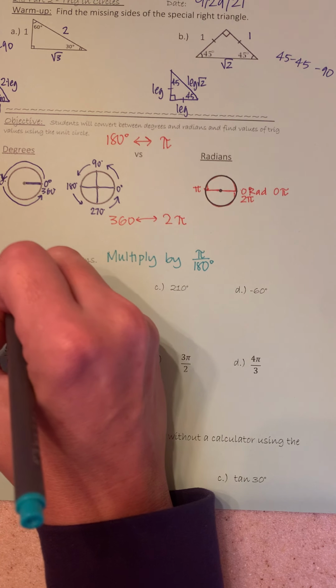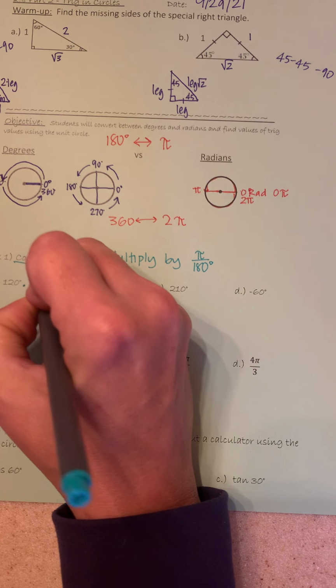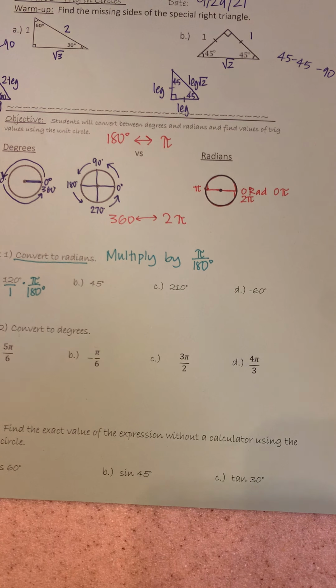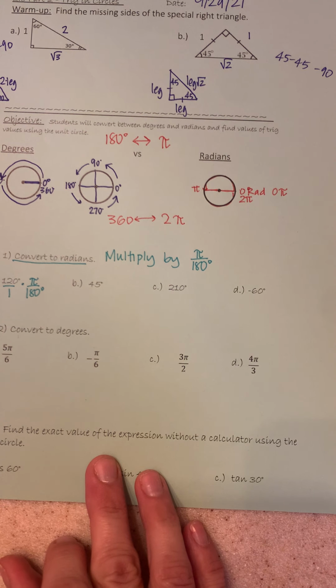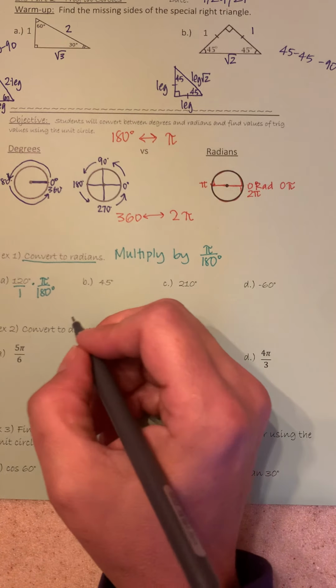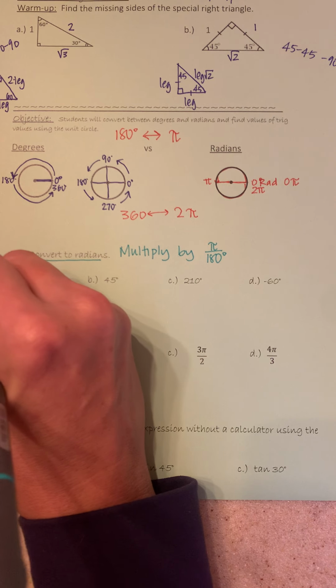So what I'm going to do here is take this 120 and multiply it by pi over 180. So what I'm essentially doing is taking 120 and dividing it by 180. So you're going to have to simplify this fraction. So I have 120 pi over 180.